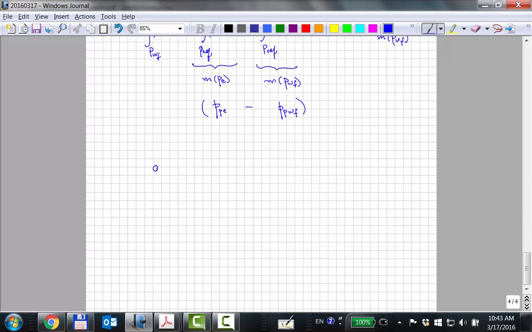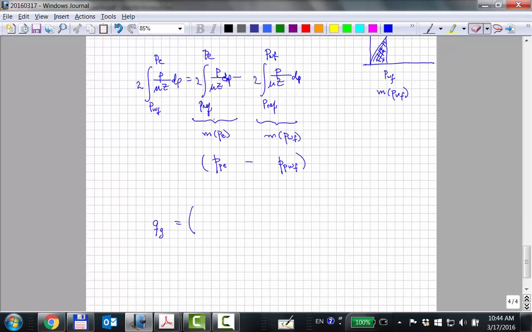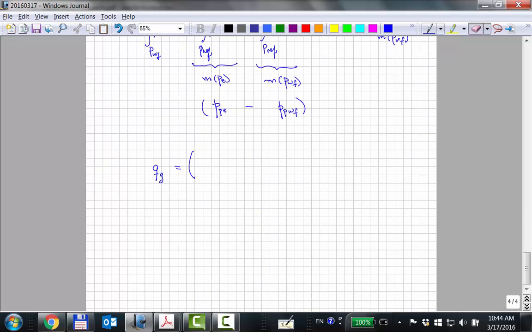So then you end up with this equation, which is gas, and then we've got this constant that was TSC, I don't know. Pi TSC. And then you've got the KH log RE over RW. And then you've got the delta pseudopressures.